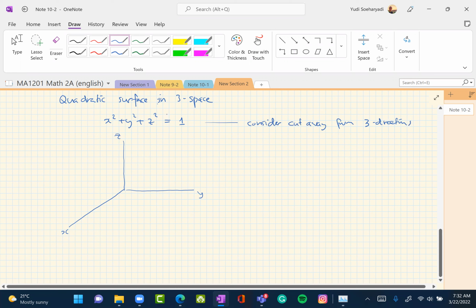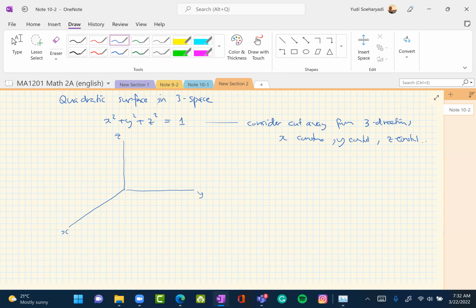The three directions are x, y, z. Okay, so x constant, y constant, and z constant. So let's see here. What about if z is constant?